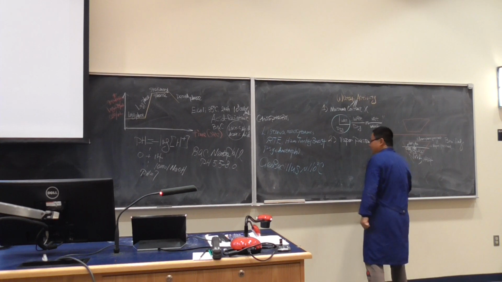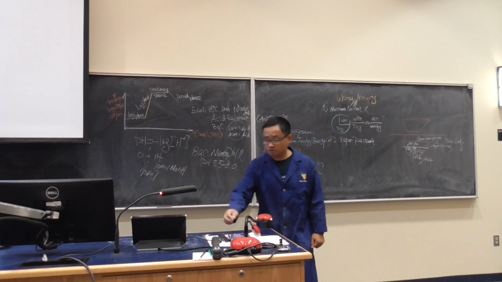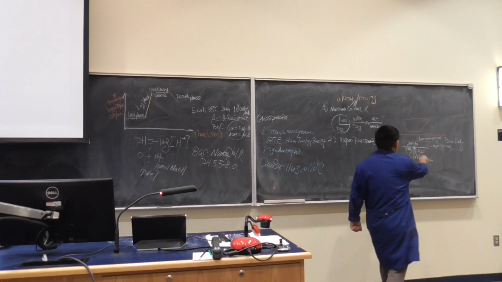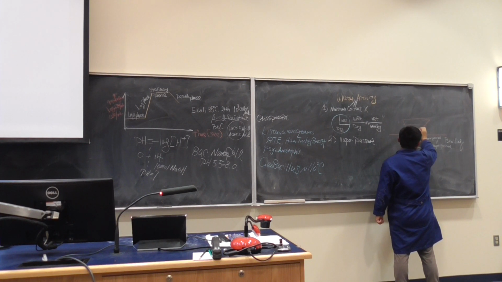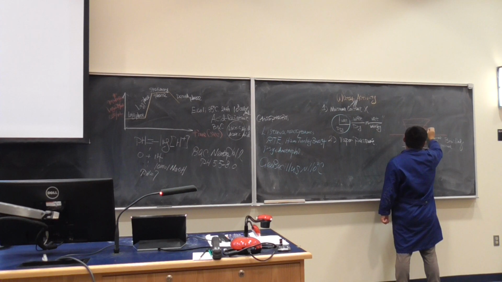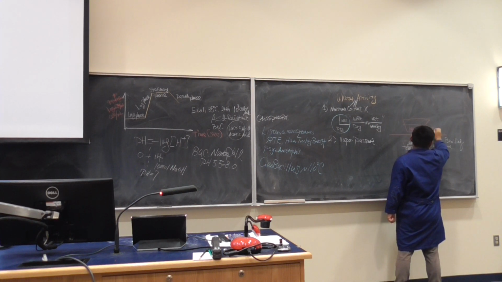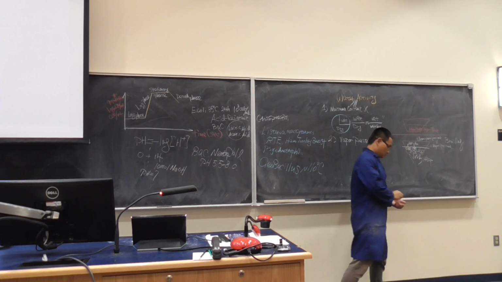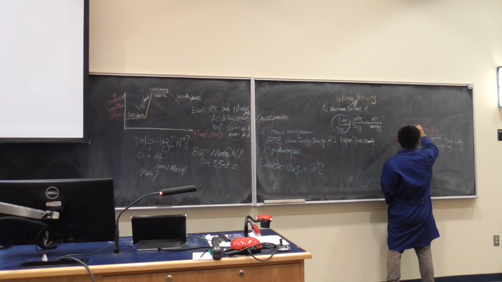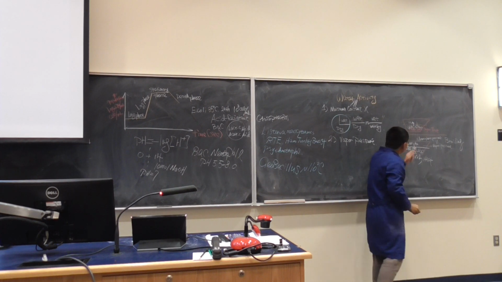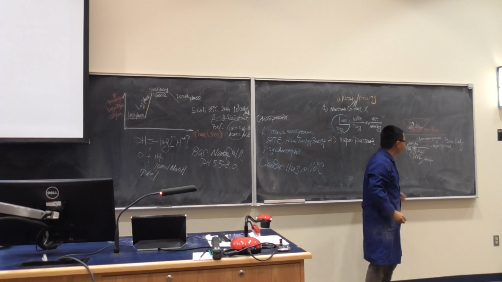Now, let's say we have a food product. I have a ham here. The ham has salt, is that right? The ham has sugar, has fat. Then the water molecules are also there. So the water molecules will go out, but some will go down, because you have salt, you have sugar, you have fat.